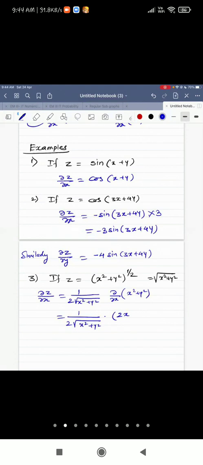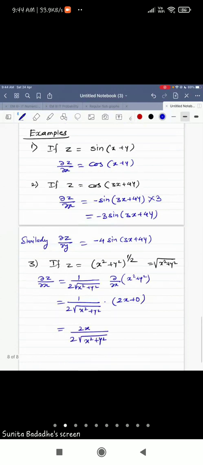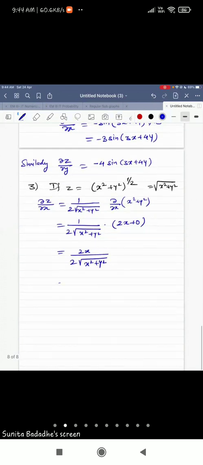And derivative of constant is, Shruti, what is derivative of constant? Everybody has to answer. I'm asking you very simple questions. Derivative of constant is 0. So it will be 2x plus 0. So this 2x upon 2 root x square plus y square is the derivative of root of x square plus y square. 2 gets cancelled and it is x upon root of x square plus y square.